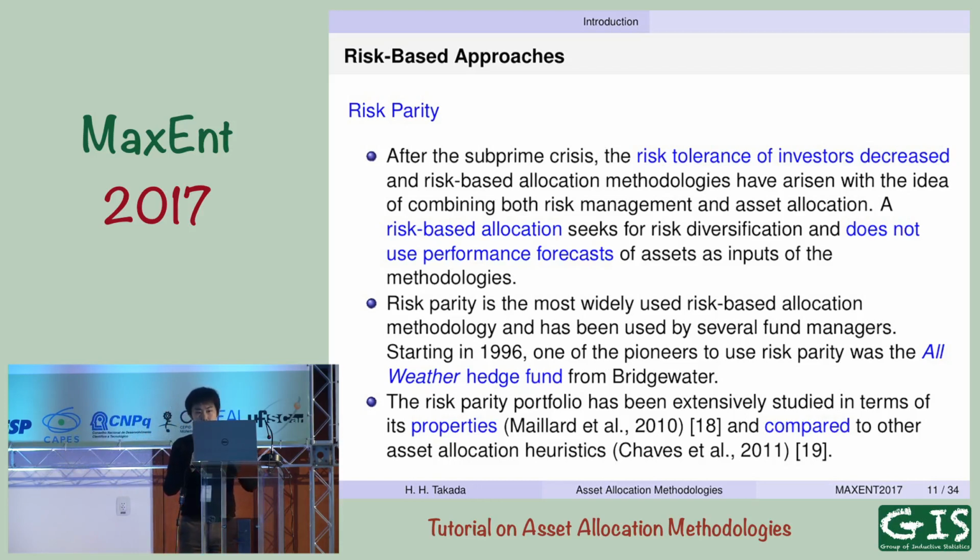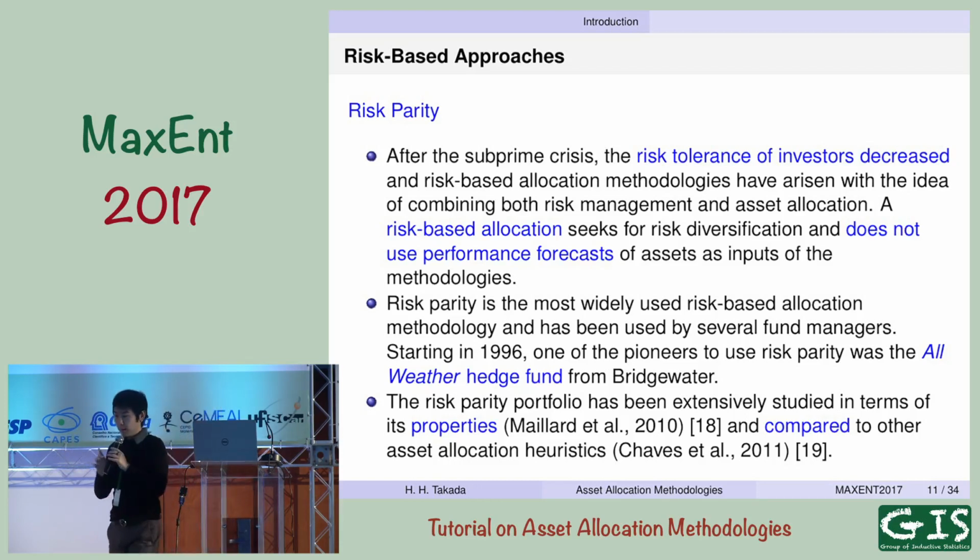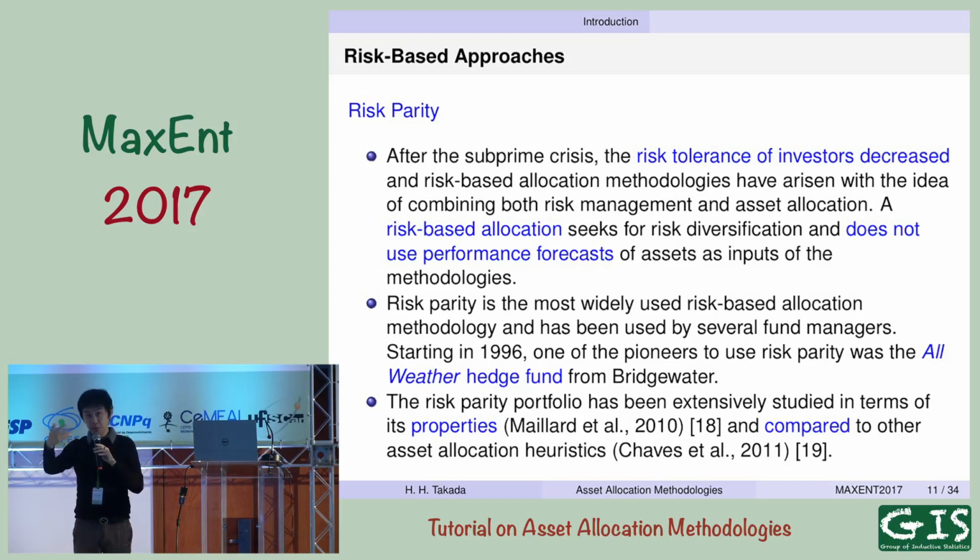And intuitively, if you think about that, we are just considering risk allocation, risk contribution to the total portfolio risk. We are not considering here any information concerning means, future means. Okay.